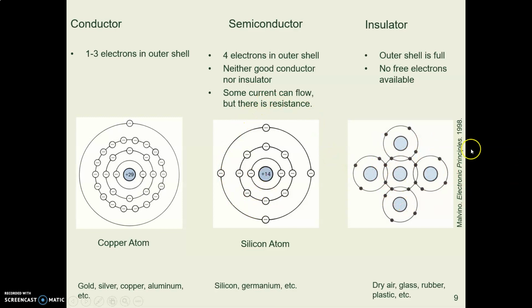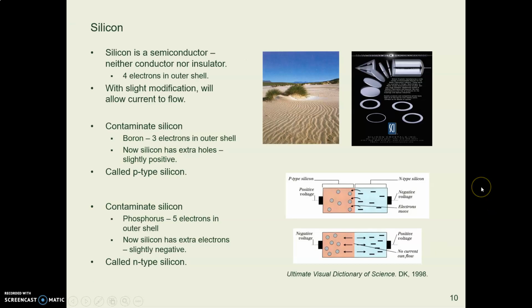The semiconductor is in between there. It has 4 electrons in its valence shell, and it's not a good conductor, it's not a good insulator, but sometimes if you add a little bit of contaminant to it, you can get extra electrons or extra holes. And that's how these things are made. In fact, it's the same way computer chips are made.